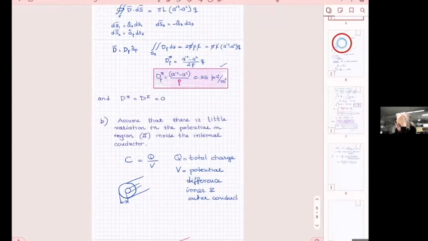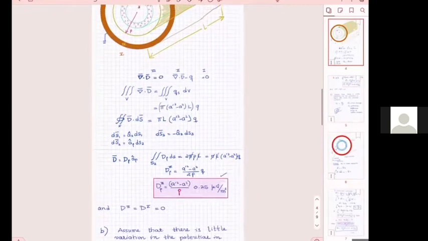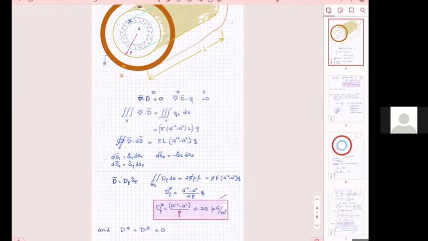Did you follow those derivations then? So I think this was the value for the density, and then they canceled out in every direction. So we used Gauss's law to solve for this.